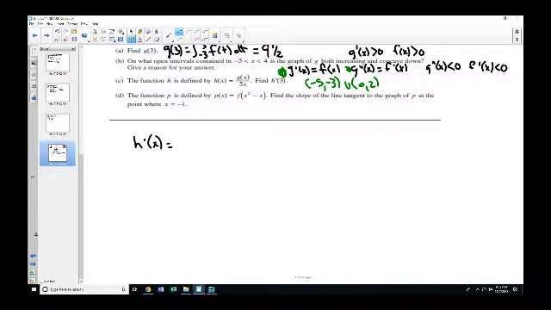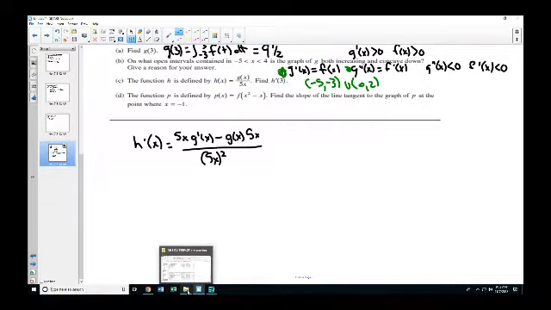So h prime is 5x times g prime of x minus g of x times 5, over 5x squared. Okay, good, you just earned 2 points. That's quotient rule, and then plug in 3.